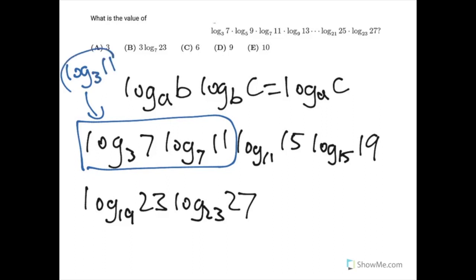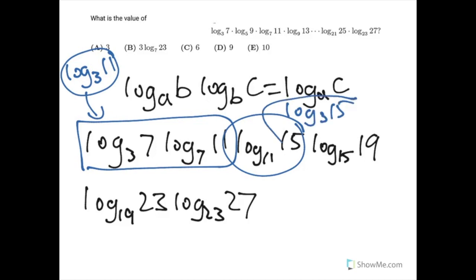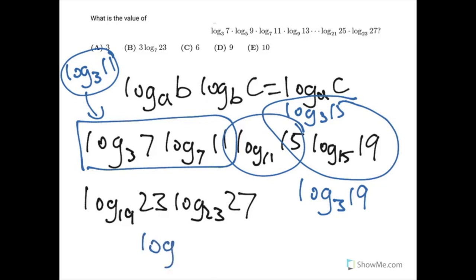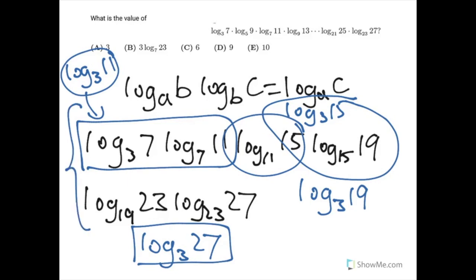And then taking log base 3 of 11 and the log base 11 of 15, we would get log base 3 of 15. And then taking log base 3 of 15 and log base 15 of 19, we get log base 3 of 19, and so on and so forth. So in the end, we end up with log base 3 of 27 as our answer for this part of the product.